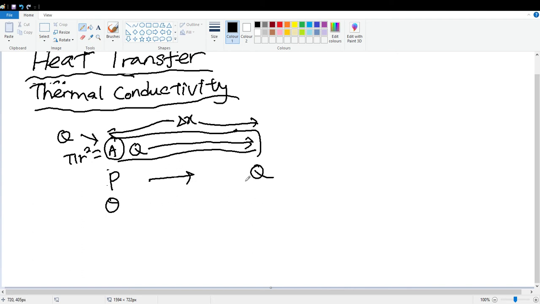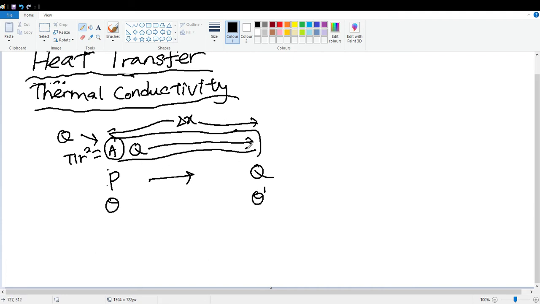As for the temperature at point Q, I can say that the temperature at point Q, denoted as theta prime, is the lowest temperature of all points.